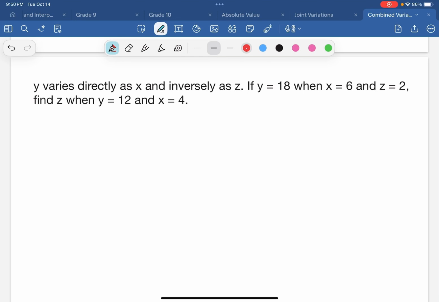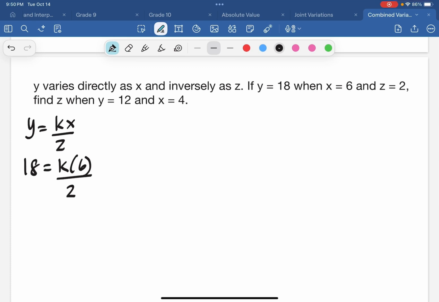Next example, we have here y varies directly as x and inversely as z. Now if y is 18 when x is 6 and z is 2, find z when y is 12 and x is 4. So let's write the equation first. So y is equal to, varies directly as x, so kx over z. Let's substitute the values. So the value of y is 18, x is 6, and then z is 2.